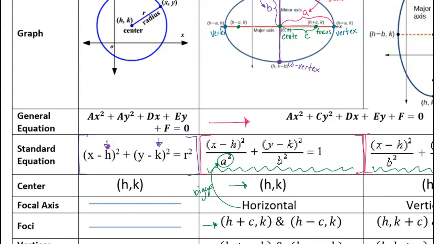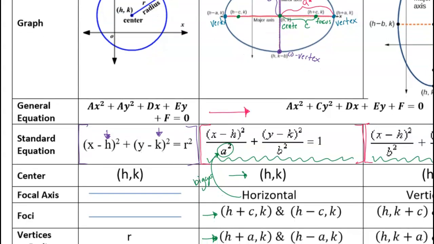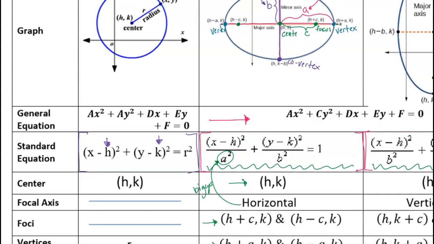So if I have an h value of 2, so my center has an x value of 2, in the equation, this would read x minus 2. It's always backwards. You always negate the h and k value to get your true center.